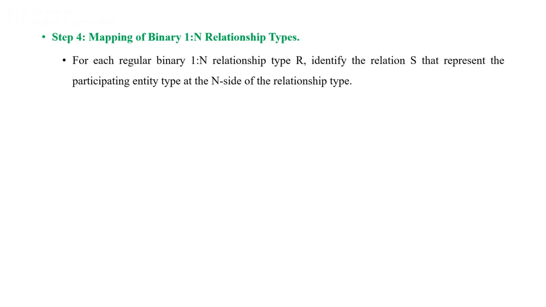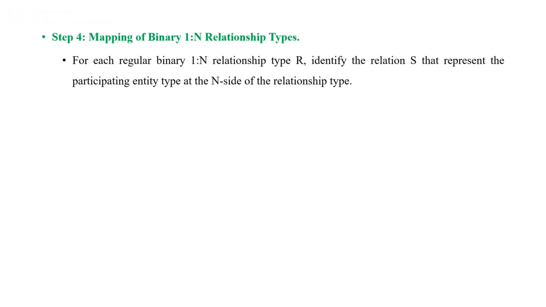There are two entity types or relations participating in the relation R, where S includes the foreign key constraint, and the other relation is T, which includes the primary key. The entity type with the foreign key participating in relationship type R we represent by using the n side of the relationship type. That is the meaning.